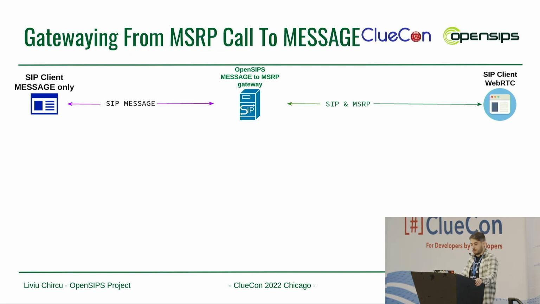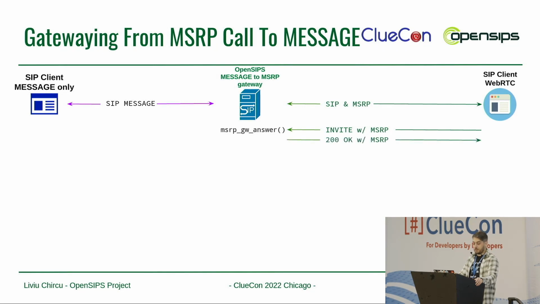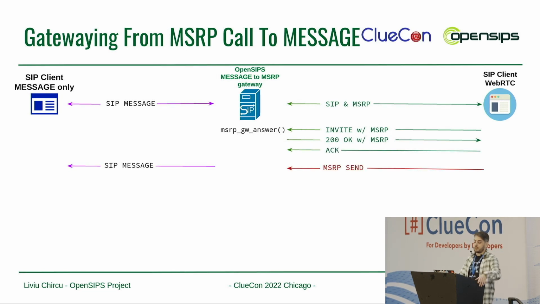In the other direction, now we have to convert a session coming in from the MSRP client side. We use this MSRP gateway answer function, which converts the MSRP chat messages into regular page mode SIP message packets.